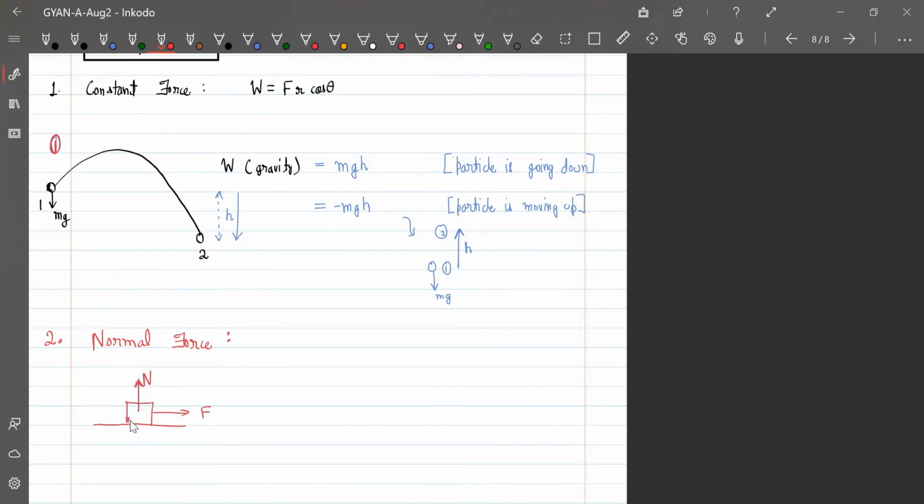So in simple cases, the work done by normal force will be 0. Why? Because displacement is not in the same direction as the normal force. Displacement is perpendicular to the normal force. Suppose due to this external force F, the object has displaced by an amount of d. In that case, work done by downward force becomes 0.